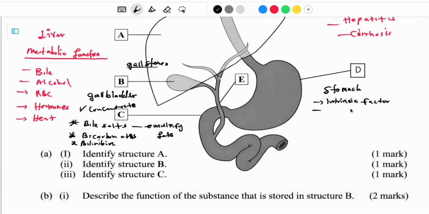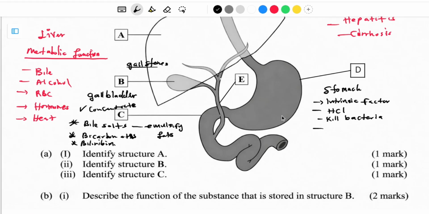Then apart from production of intrinsic factors, production of hydrochloric acid. So this hydrochloric acid, its function is one, to kill the bacterium or bacteria. Apart from killing the bacteria, it also sets an optimum pH for the enzyme, like we can talk of pepsin.